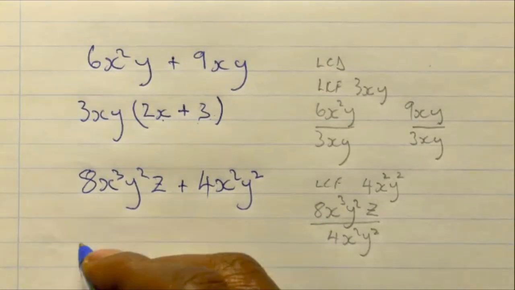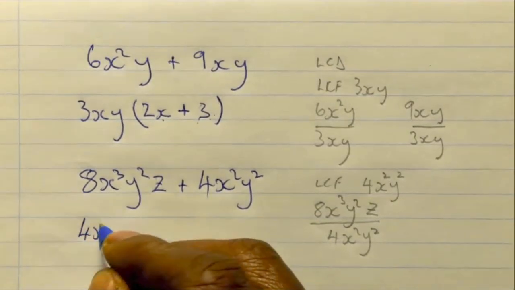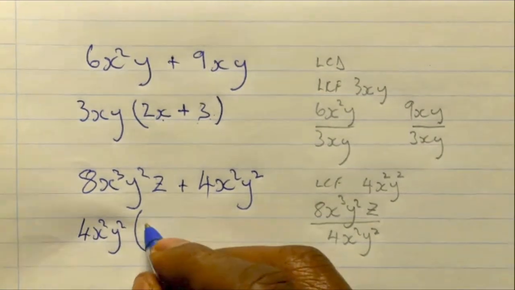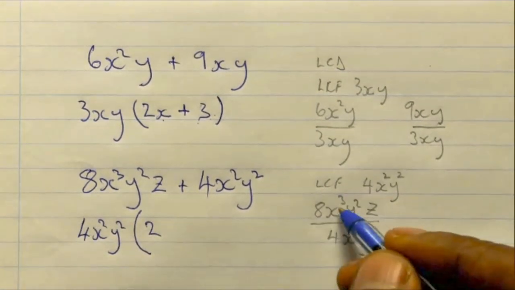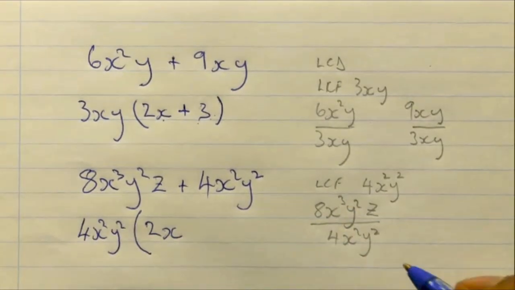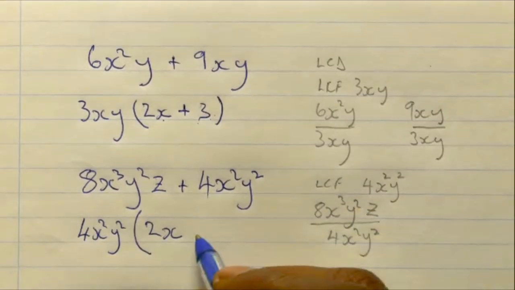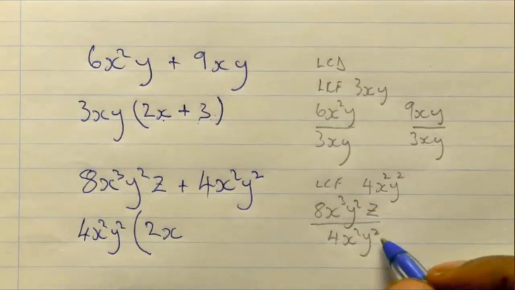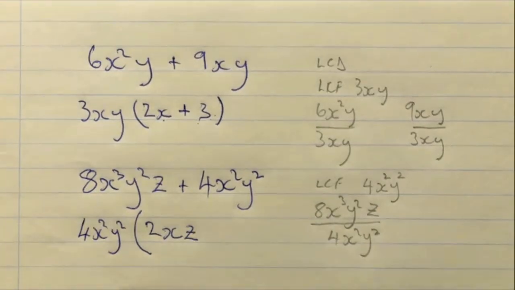What is my LCF? 4x squared y squared. The 4 goes there twice. The x squared is taken out. I'm left with 1x. The y squared is taken out, invisible 1. No z. That z is not divided by anything. I leave it there.